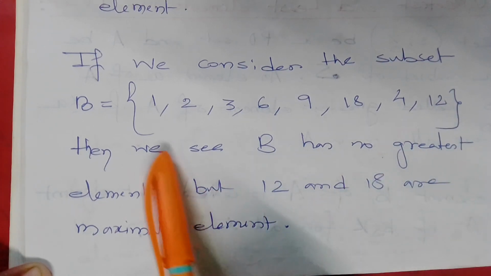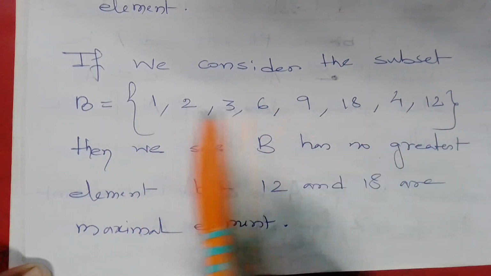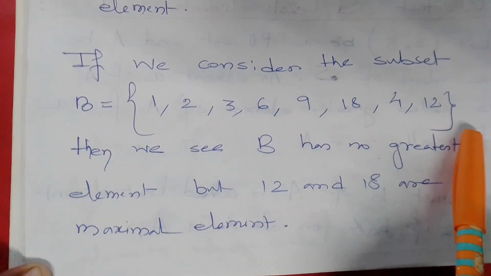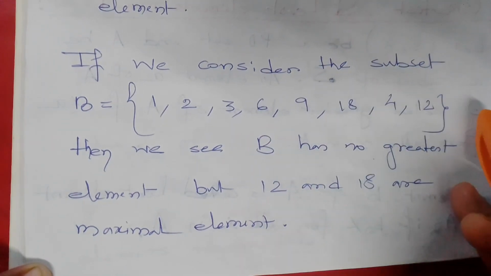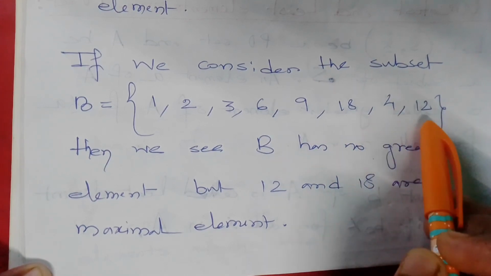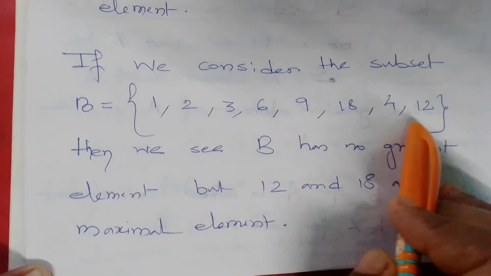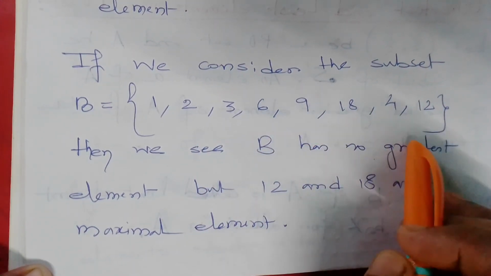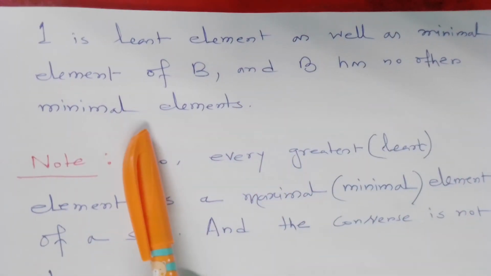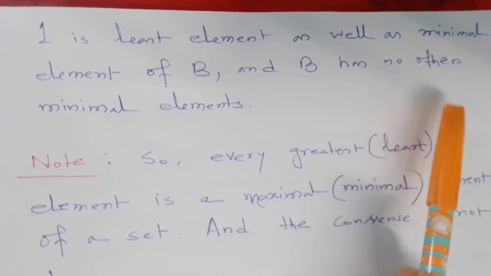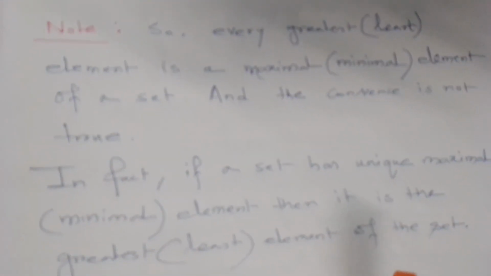But 12 and 18 are maximal elements here, because if we draw the Hasse diagram of this POSET, we can observe that no other element succeeds 12 and 18. So these two are the maximal elements of this POSET, but this set does not have any greatest element. And 1 is the least element as well as the minimal element of B, and B has no other minimal elements. And here are some notes.